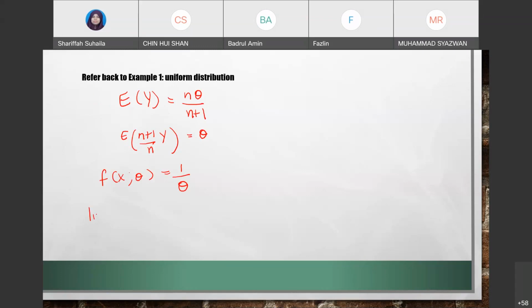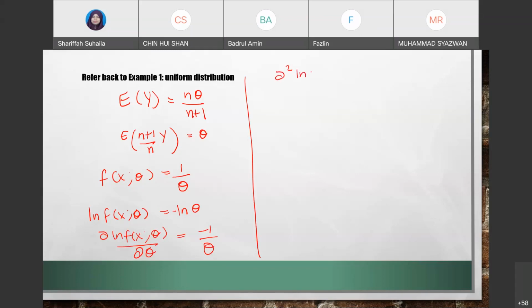So kalau kita ambil ln f(x; theta), so kita ada ln 1. Okay, ln 1 is 0 minus ln theta. So yang tinggal here is minus ln theta. So kalau saya differentiatekan ln f(x; theta) with respect to theta, we will get minus 1 over theta. So differentiatekan sekali lagi, second derivative akan dapat 1 over theta square.